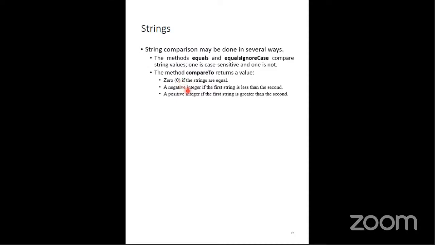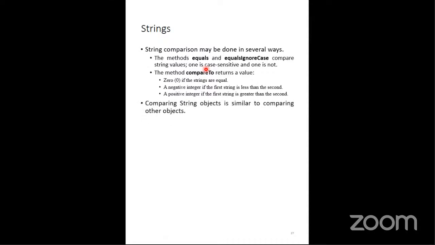This integer value could be negative if the first string has a character at a particular position with a Unicode value smaller than the corresponding character in the second string. This value could be a positive integer if the first string has a character at a certain position which has a larger Unicode than the corresponding position in the second string. Okay, so it returns an integer value, whereas the equals method returns a Boolean value, true or false.